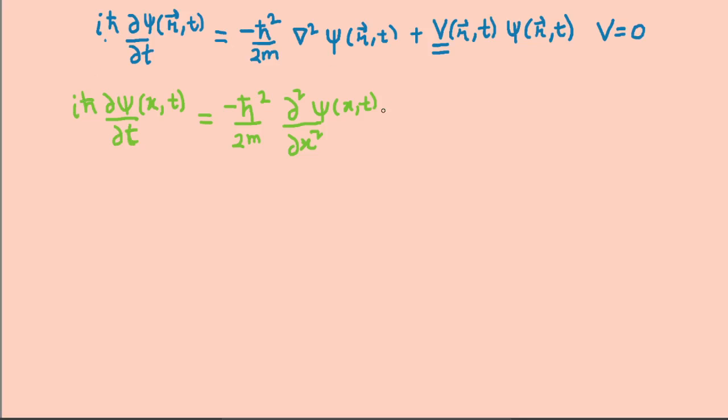So we have our Schrodinger equation in one dimension, the one-dimensional Schrodinger equation.